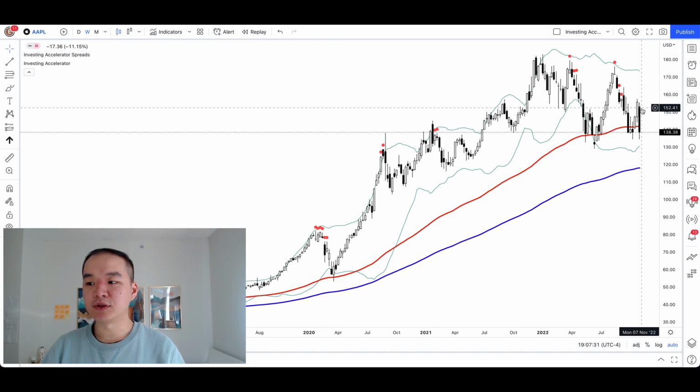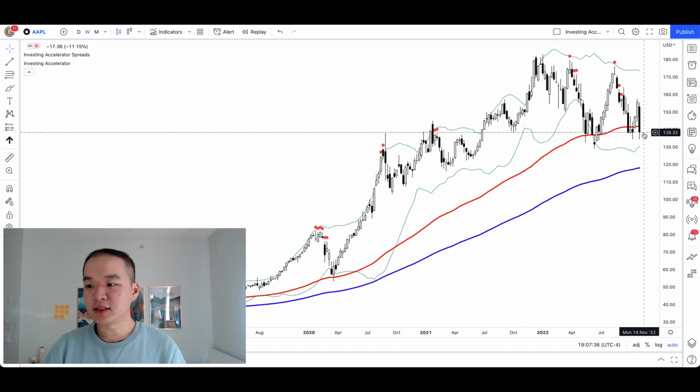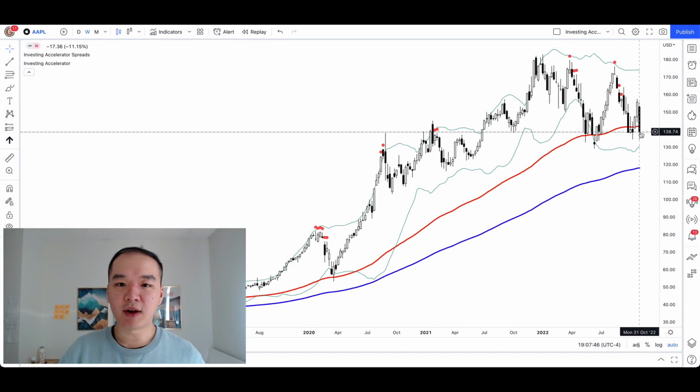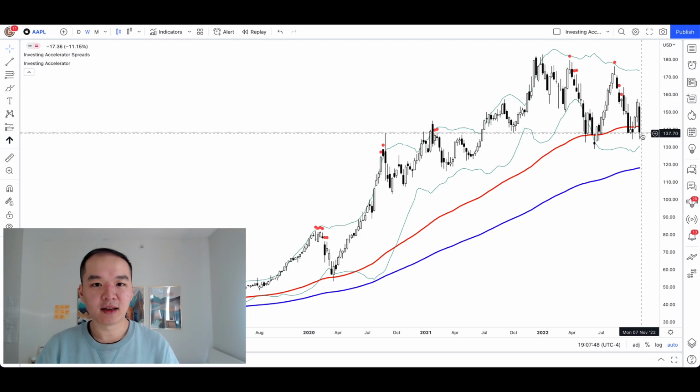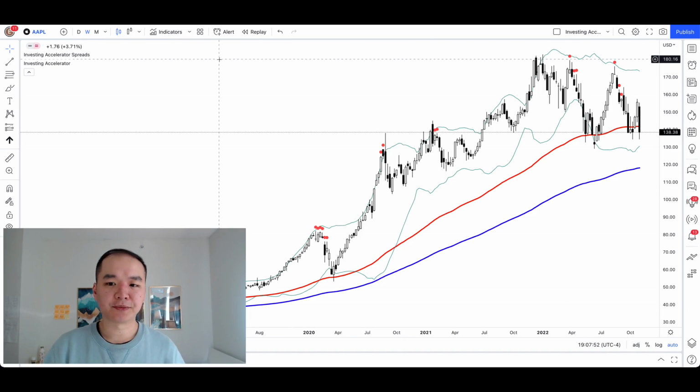So imagine if you sold a covered call here at $152, then you would still be in the red because it dropped to $138 within a single week. Even if you're getting a 4% premium in 30 days, within 1 week, you are already in the red. So the timing in which you sell the covered call actually matters.